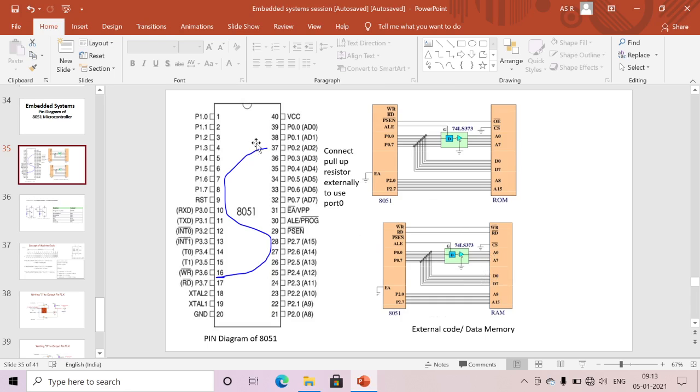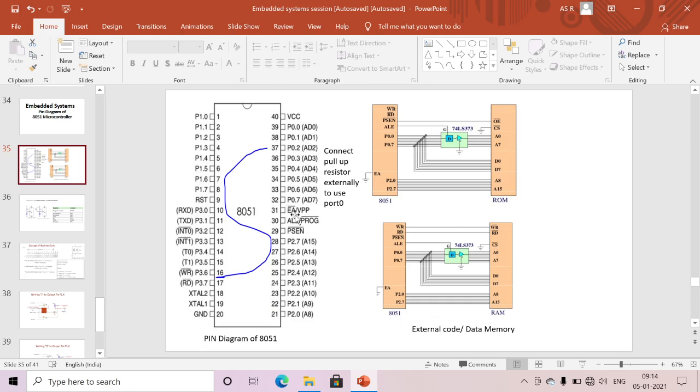That's why I will send the address first, and after that I can read or write the data by using these pins only. That's why address and data lines are multiplexed here, so that I can use both use cases. First I will send the address, I can use A0 to A15, and after that D0 to D7 I can use for data read or write operations. Mainly that is the use of AD0 to AD7.